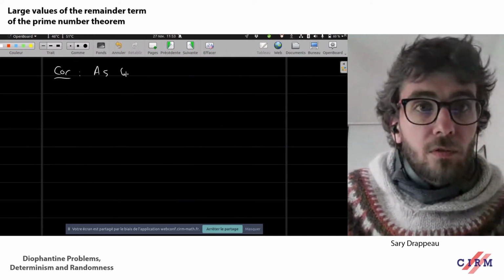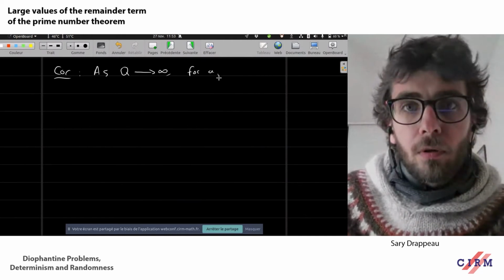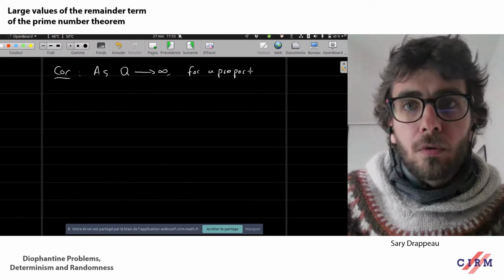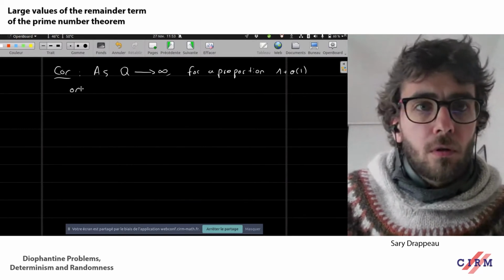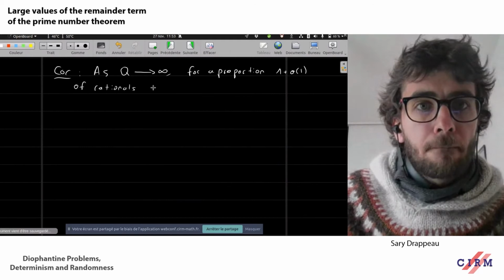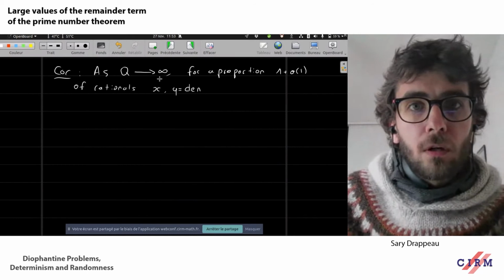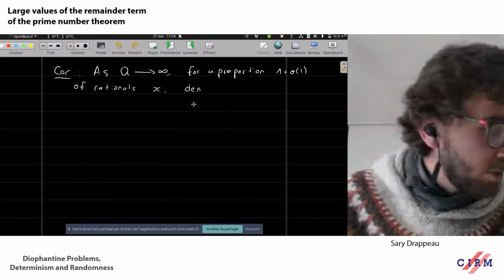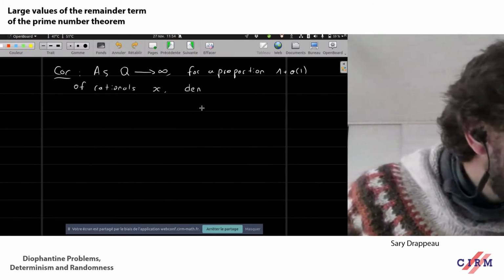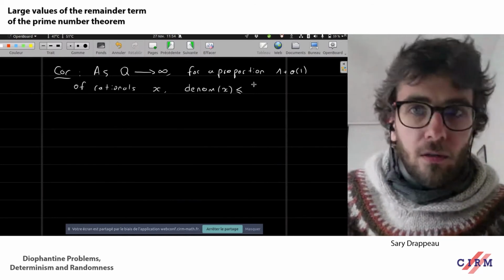As q tends to infinity, for a proportion 1 plus little o of 1 of rationals x with denominator... Oh, okay, I won't be using q for the denominator. I need to stop doing this. Of denominator less than q.